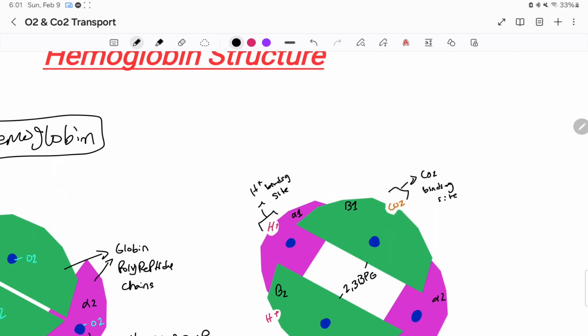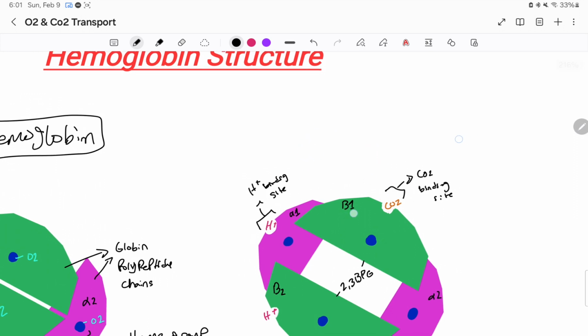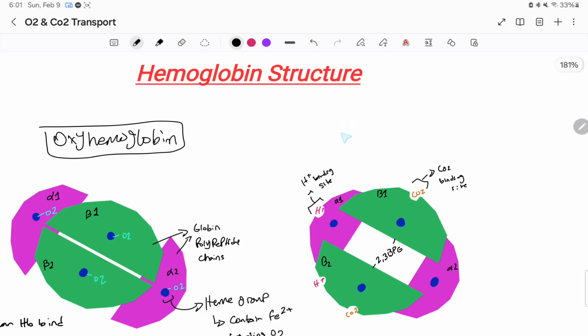For that reason, when hemoglobin is bound to CO2, it is called carbaminohemoglobin, because it's carbon dioxide binding to an amino acid. And obviously hemoglobin is hemoglobin.